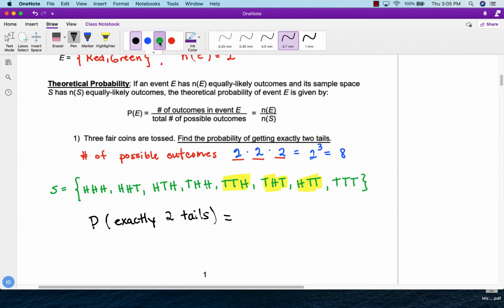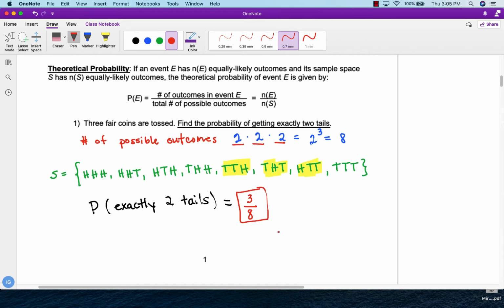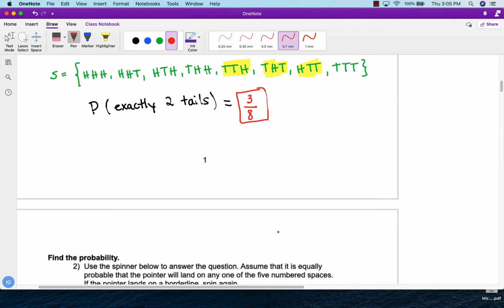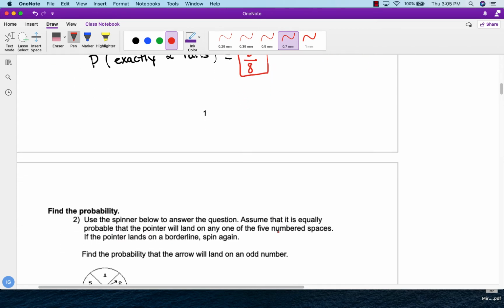So that means my answer is going to be 3 out of the total possible outcomes, which is 8. So 3 out of 8 is my probability of getting exactly 2 tails. Okay. Now you've probably seen probability before. You've done probability. So this might be a little bit easy for most of you if this is not the first time. Okay, so let's look at more examples.